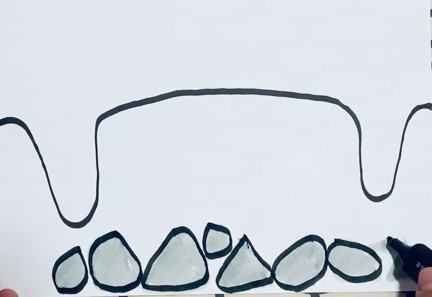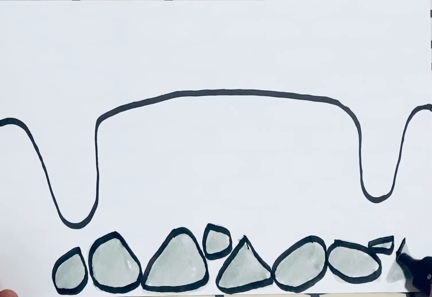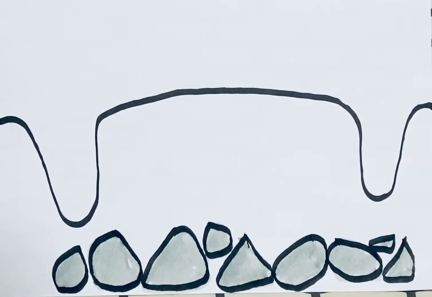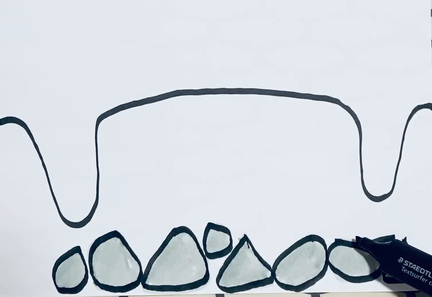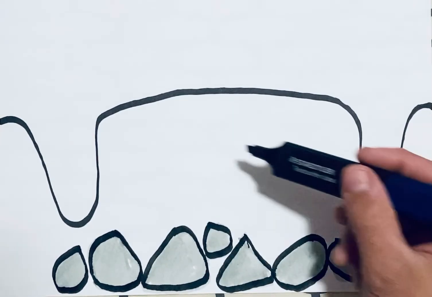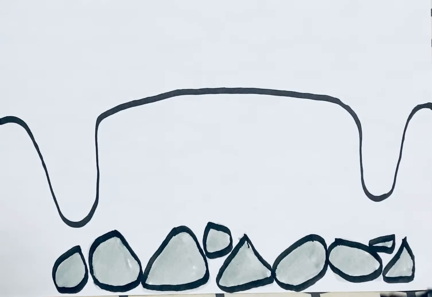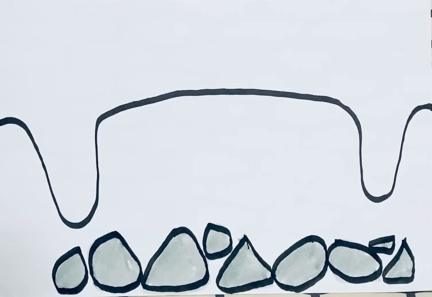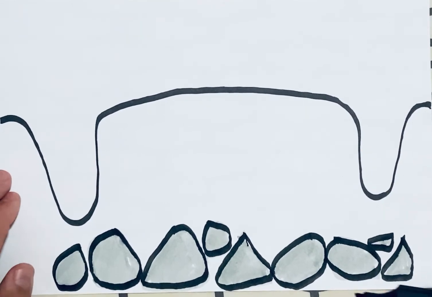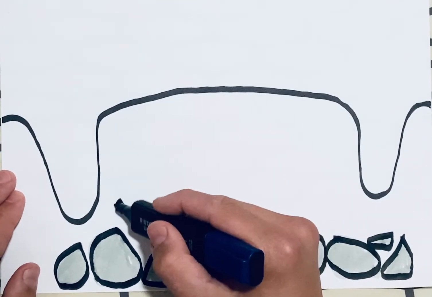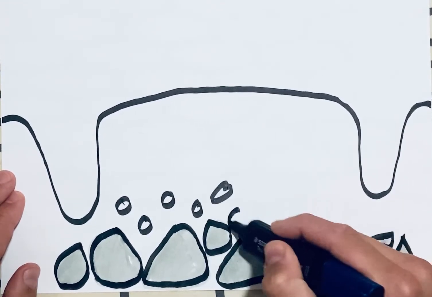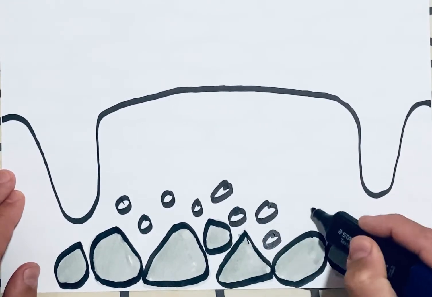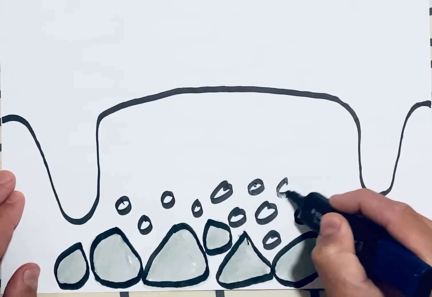Now, after the big rocks, what comes after the big rocks? That's right. We are going to draw now medium-sized rocks. Smaller stones. So ready? Just make little circles like this, and these are smaller stones.